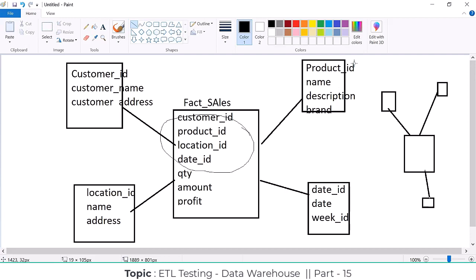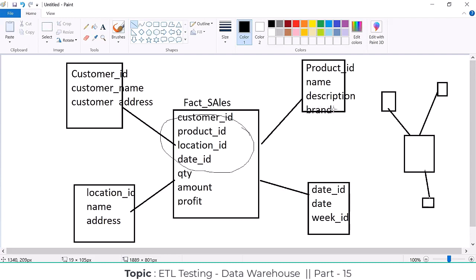I am going to give a join between these tables: product to product, date to date, and location to location, and then I am going to retrieve the data. What are the sales that happened on a particular brand?